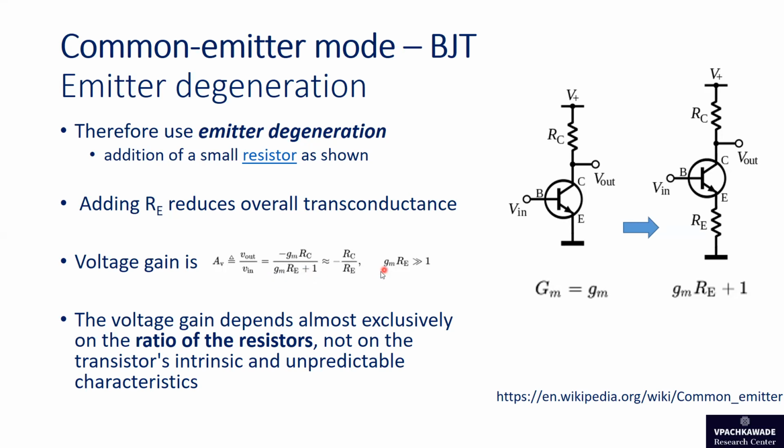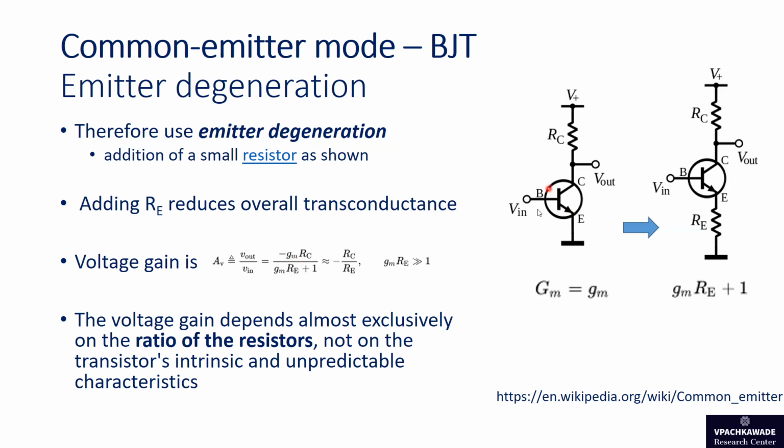Assuming gm times RE is very much greater than 1, we can get rid of the gm, and the gain is approximately equal to the negative ratio of the two resistors, RC over RE. So we can say that the voltage gain for the common emitter degenerated circuit as shown here is purely set by the ratio of resistors and is independent of the transconductance, unlike this circuit.